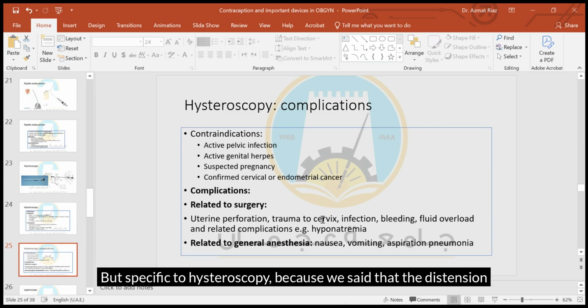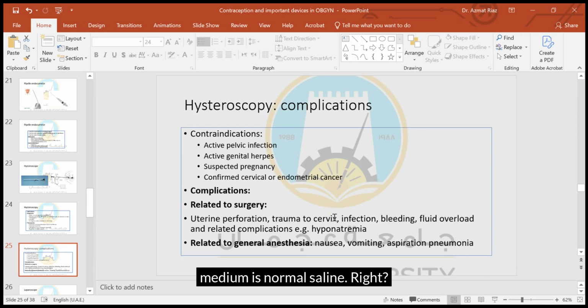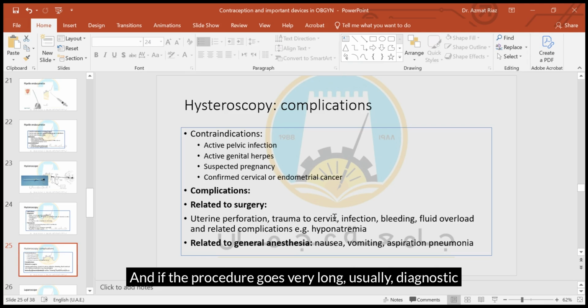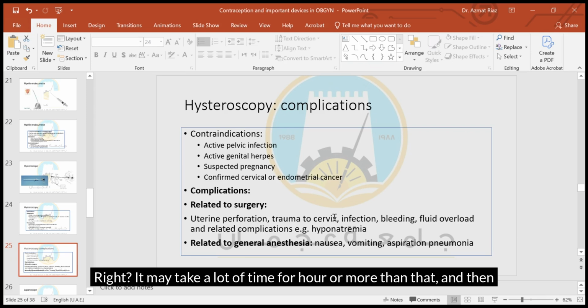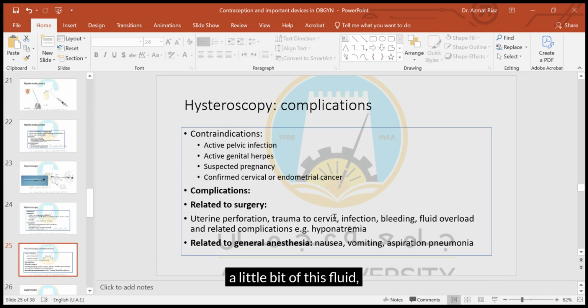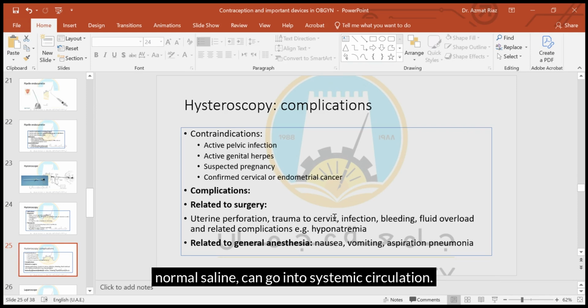But specific to hysteroscopy, because we said that the distension medium is normal saline, right? And if the procedure goes very long, usually hysteroscopy is very quick, right? It's 5 to 10 minutes. But if it's an operative, complicated hysteroscopy, for example, resection of a septum, it may take a lot of time, an hour or more, and then a little bit of this fluid, normal saline, can go into the systemic circulation.